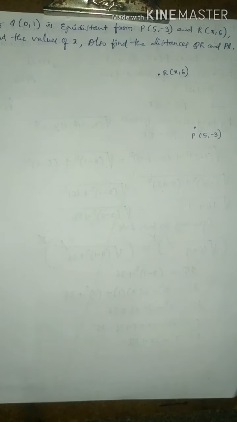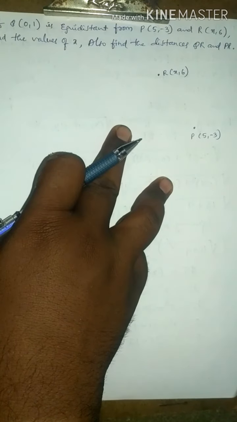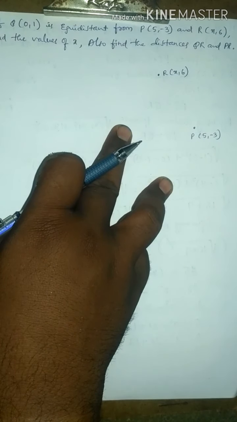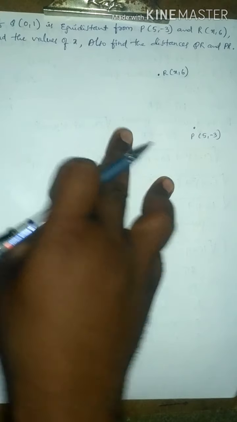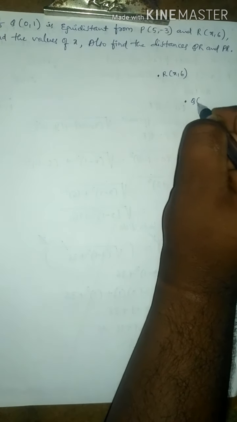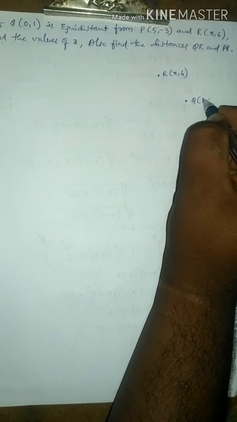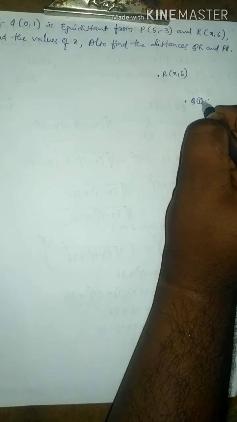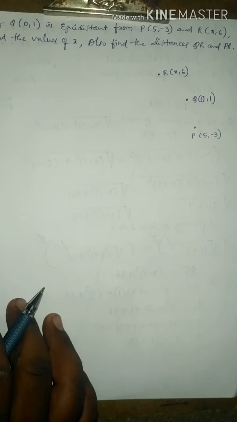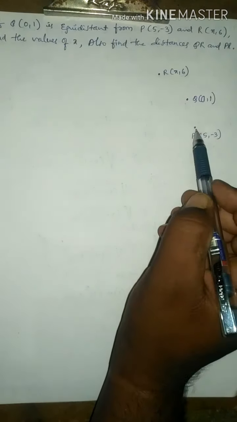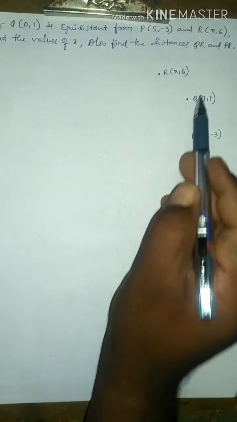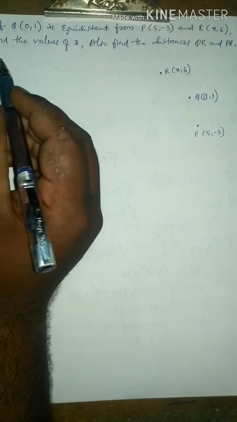Two coordinates are there, and there is a third point which is equidistant from P and R. This is Q. Our condition says whatever the distance is from P to Q, the same distance will be from R to Q. So now how to solve this?